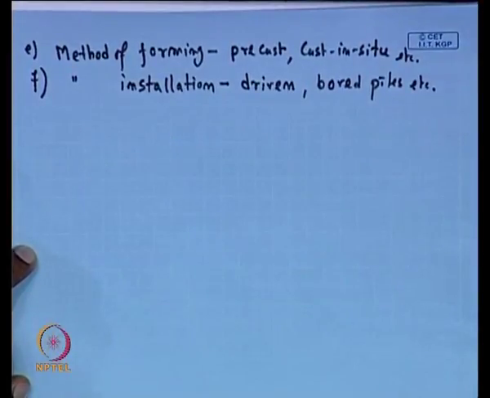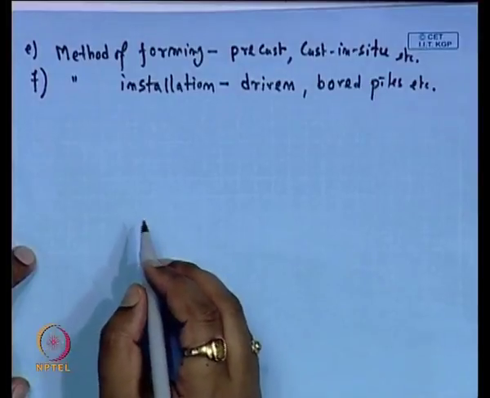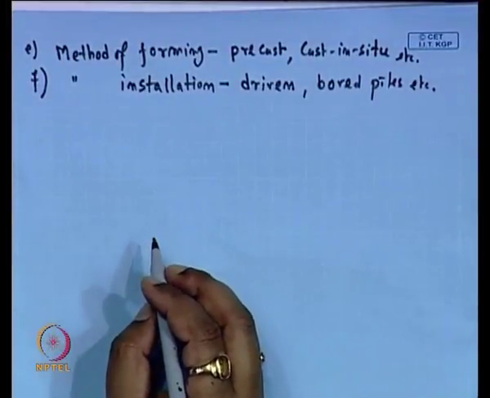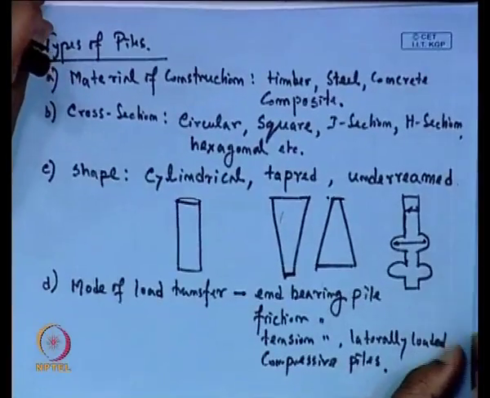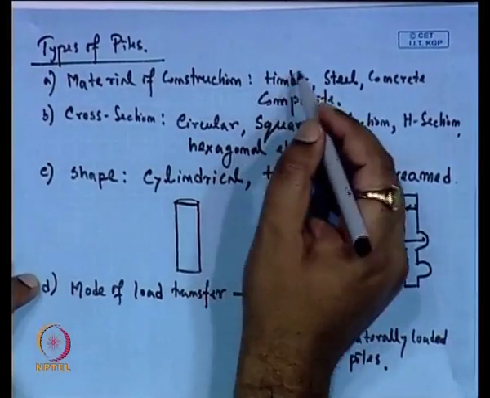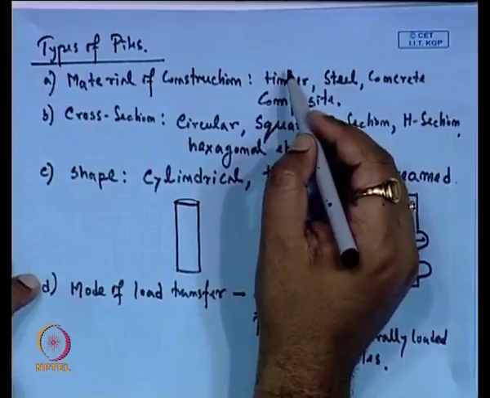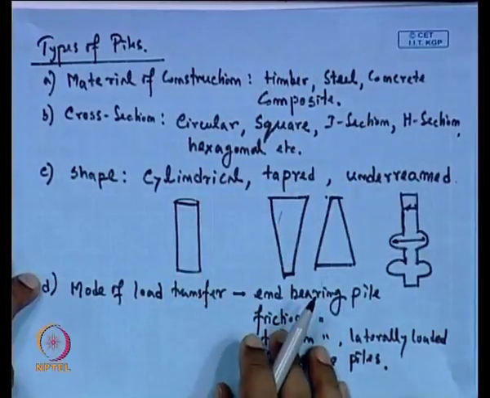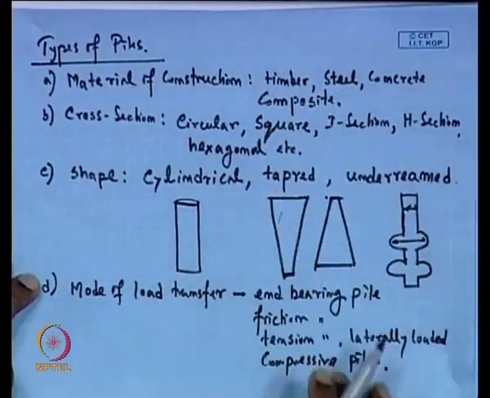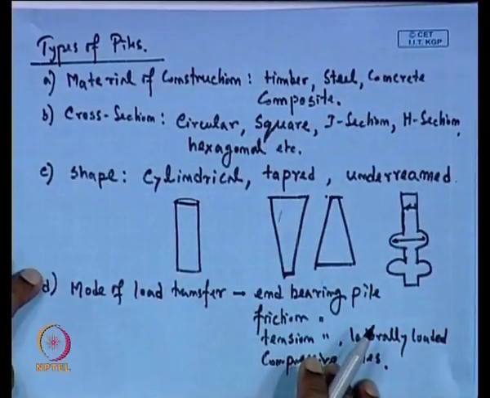Now, for the timber piles, these are generally used up to say 30 meters long, and can carry a load from 100 to 250 kilonewton per pile.